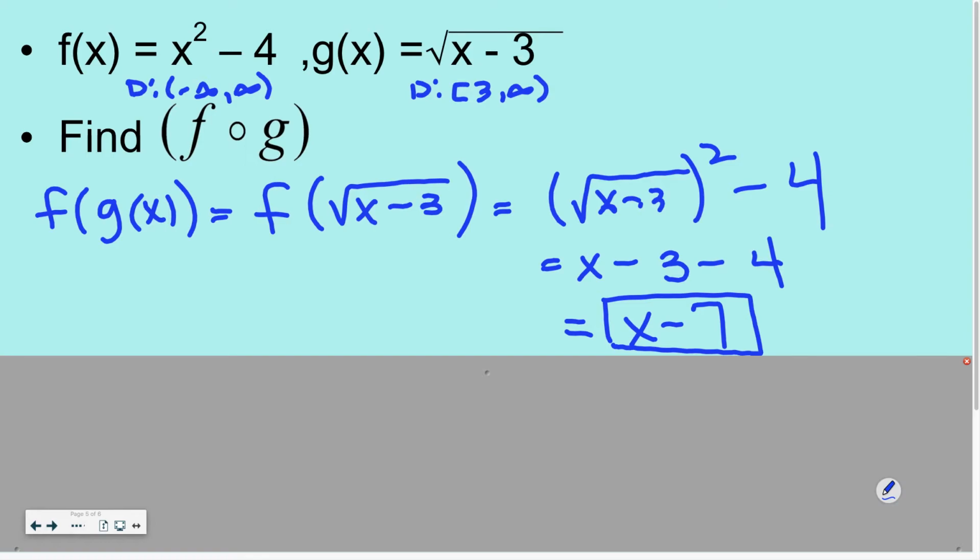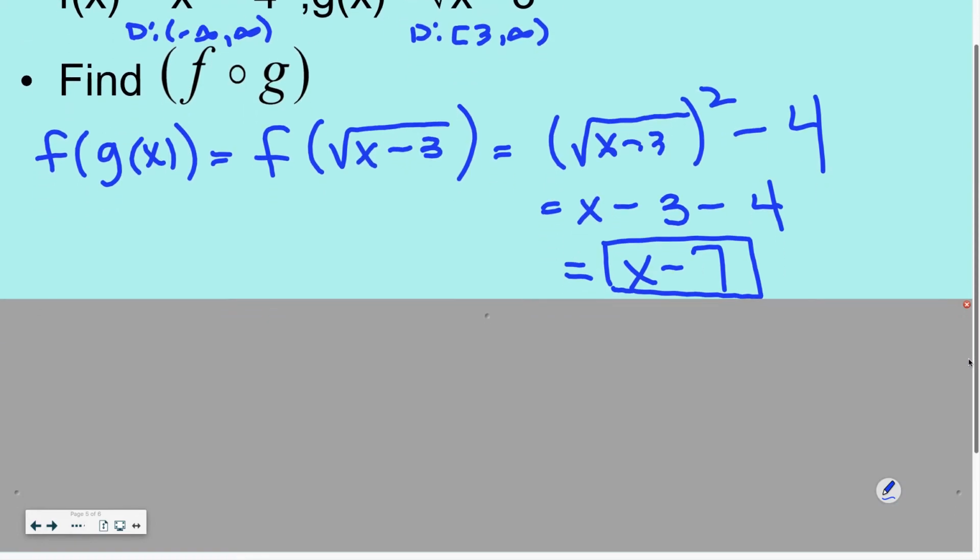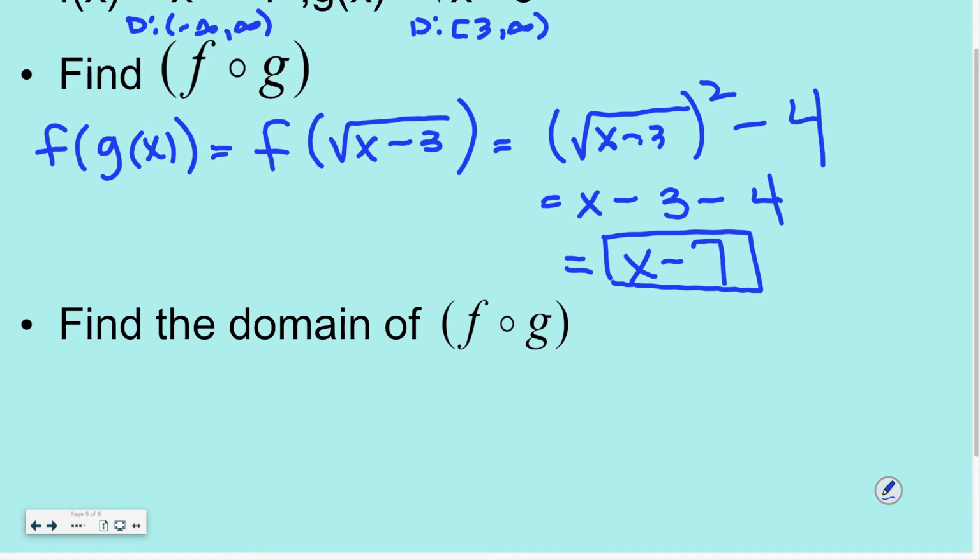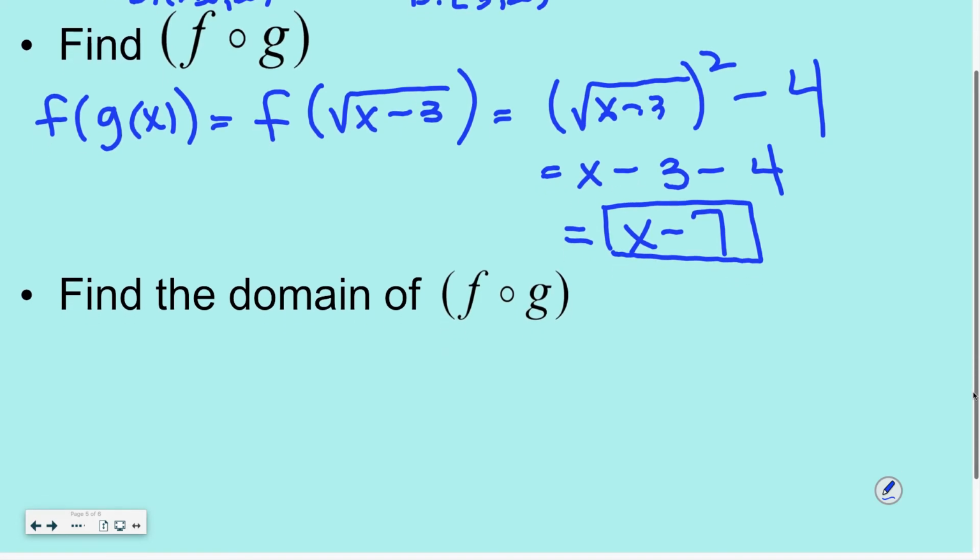Okay. All right. So when I ask you for the domain, some of us are going to get really excited and say, sweet, it's a linear function. It's all real numbers. Okay? But we have to be careful. Yes, I know that x minus 7 would have a domain of all real numbers. However, our input function was g.